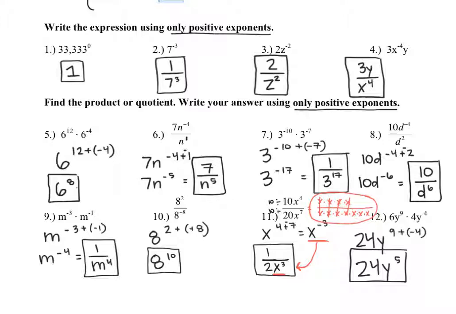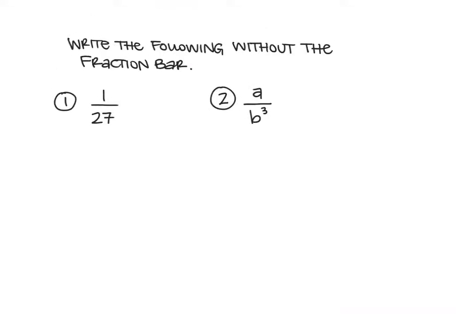All right, now that's the end of your notes, but there are just a couple other problems that I want to look at real quick because they are going to show up on your homework. So there will be some problems on your homework that will have these directions that say write the following without the fraction bar.